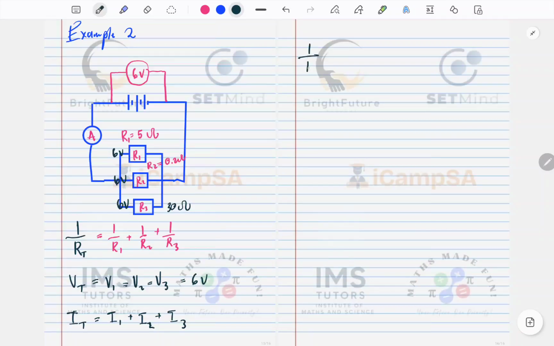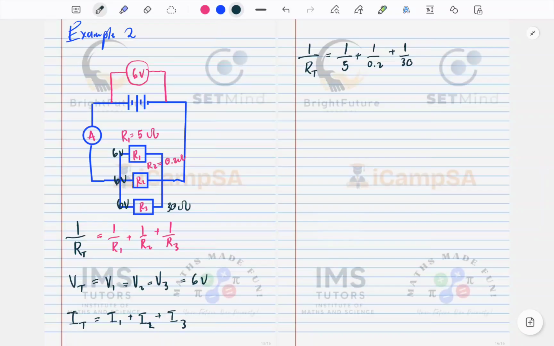So now let's say RT is 1 over 5 plus 1 over 0.2 plus 1 over 30, like so. Then you can use your calculator and remember to flip it upside down, and you're going to have an answer there.